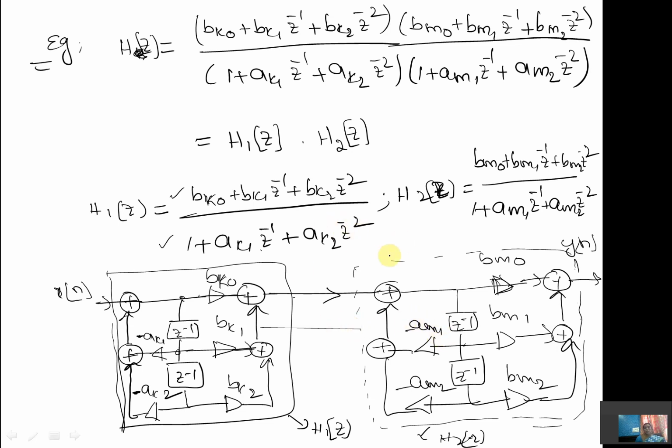Okay. Then coming to the another one, parallel form realization structure. Right, in the cascade form all the system functions are connected in series. Here parallel form means, observe how we can realize the system function.